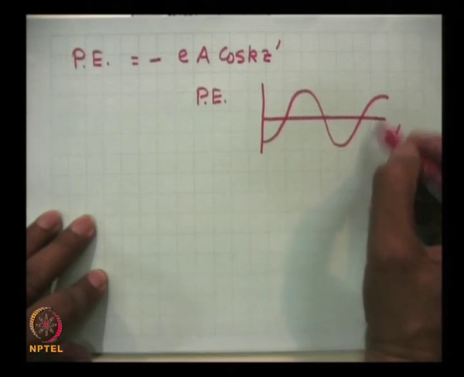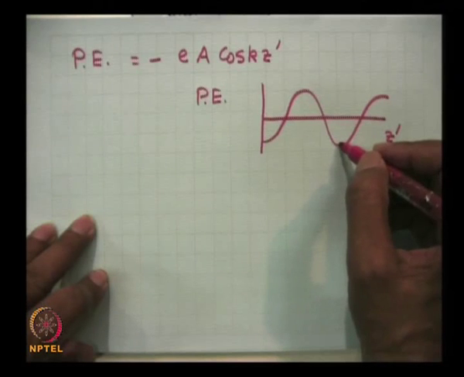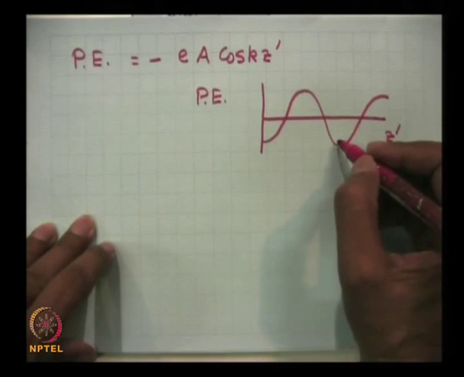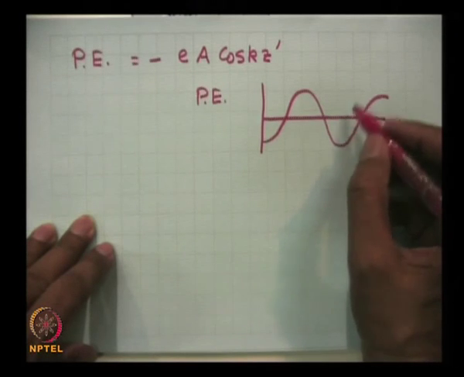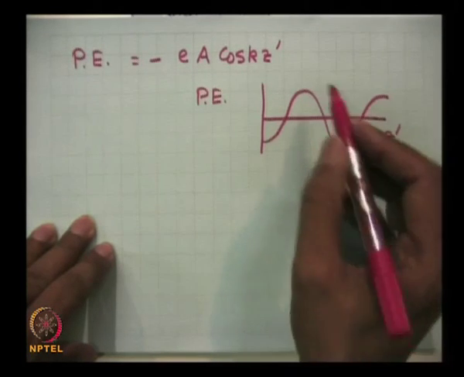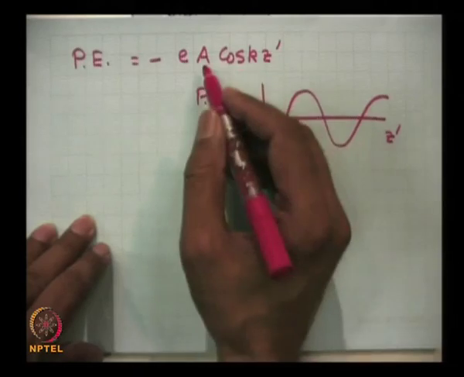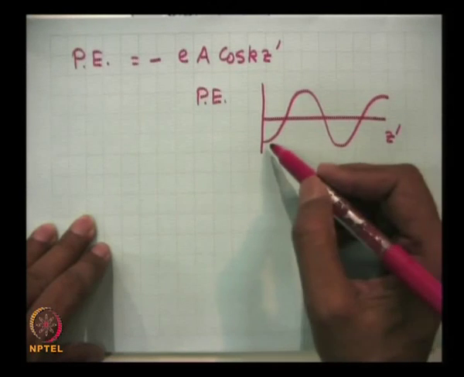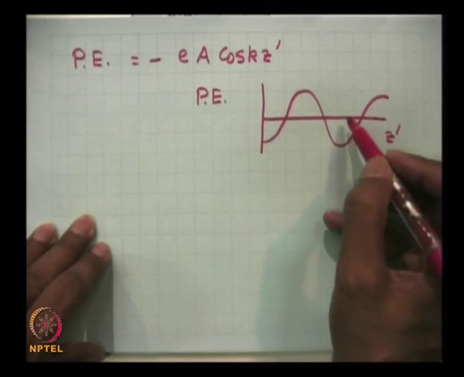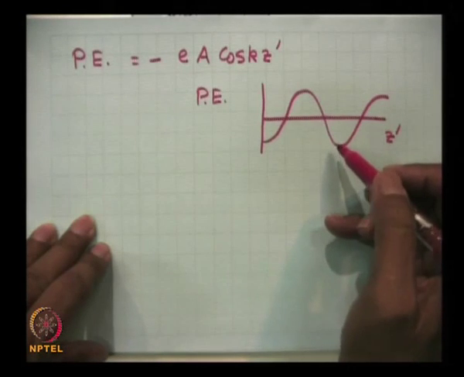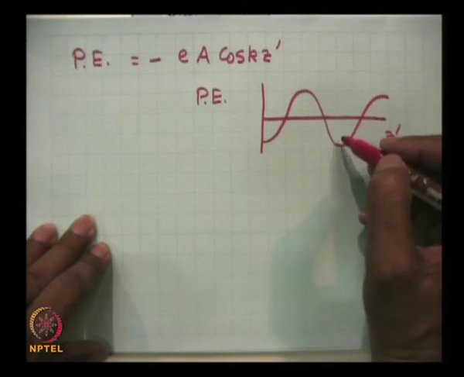So there are regions of minima, and this is where the potential energy is minimum. What will happen? As the wave amplitude grows with time initially, then this potential energy well will increase. So that height from here to here will increase with time.